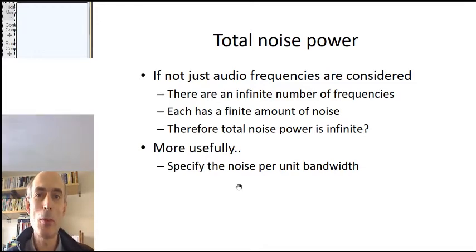What we can do is specify how much noise there is per unit bandwidth. And then a designer can just take that value, combine it with the knowledge of the bandwidth that they're interested in, and determine the final noise in all of the frequencies that they are concerned with.